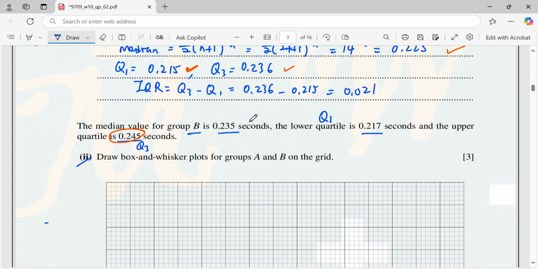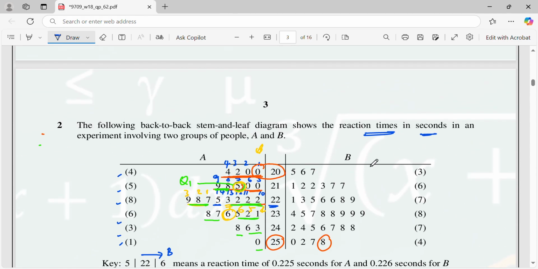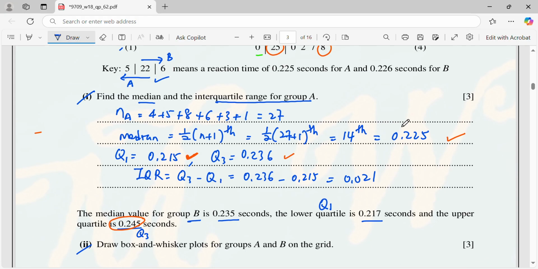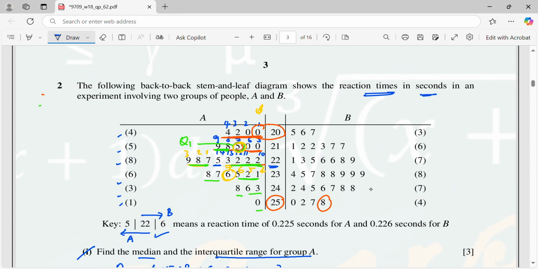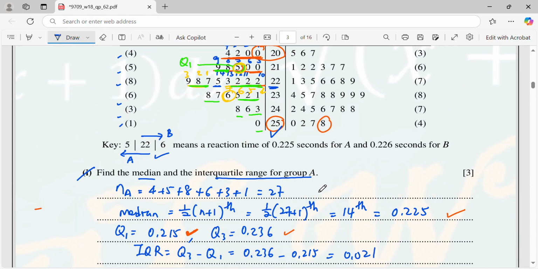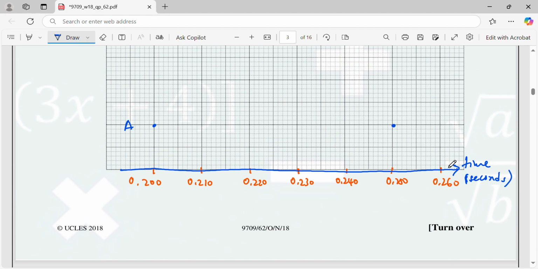Okay, so now for A, the lowest value is 0.2. Then the greatest value is 0.250. This is for A. And then the median 0.225, that means this is in the middle.